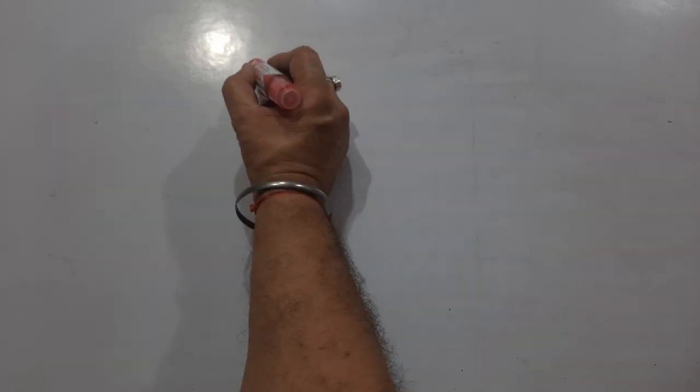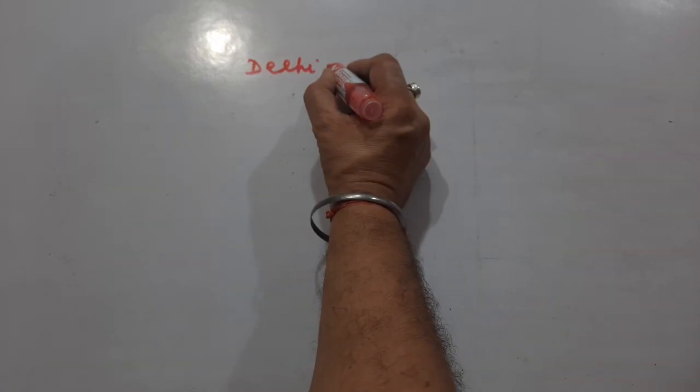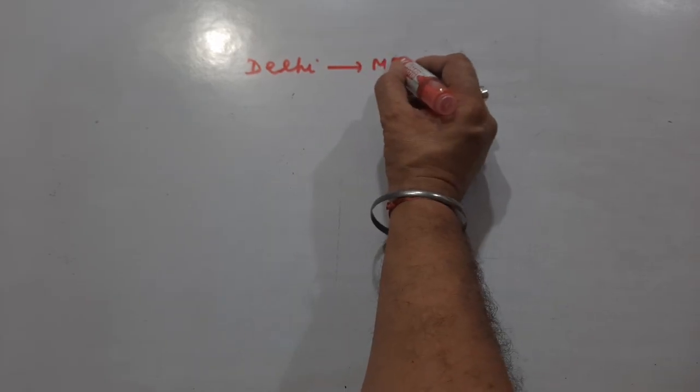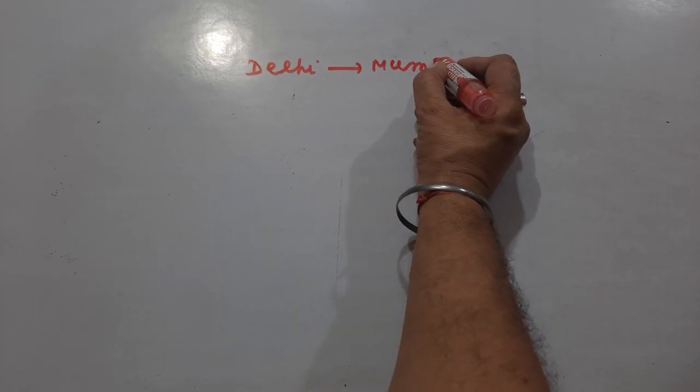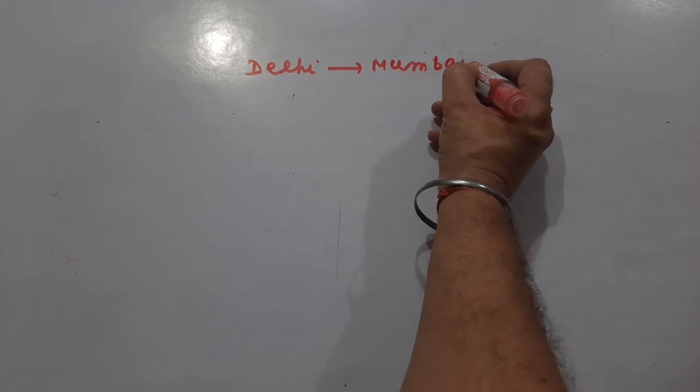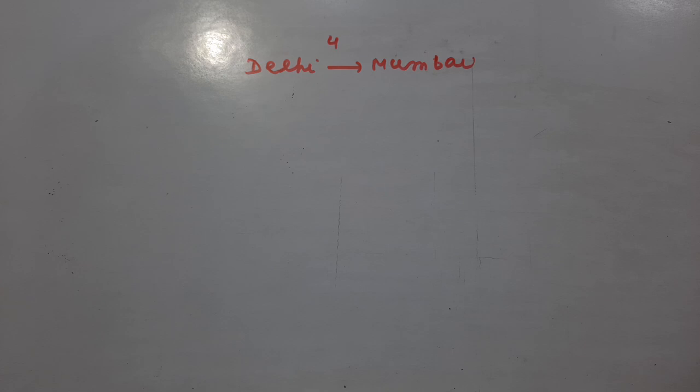Now the next question, number 4. There are 4 routes between Delhi to Mumbai. दिल्ली से मुंबई के जाने के लिए हमारे पास 4 रूट्स हैं. There are 4 routes from going Delhi to Mumbai. In how many different ways can a man go from Delhi to Mumbai and return if for returning any of the routes is taken?